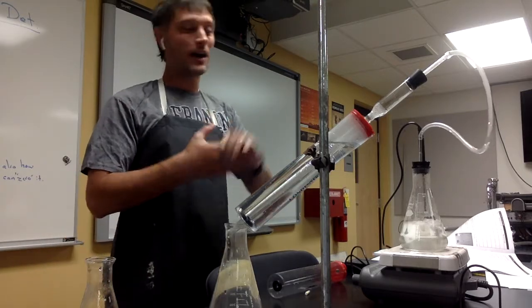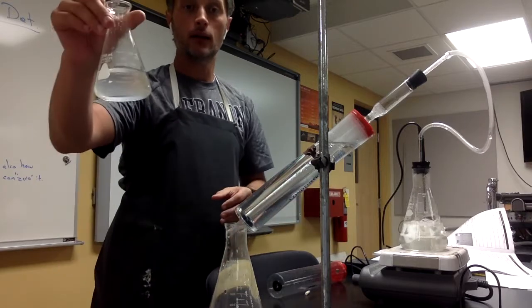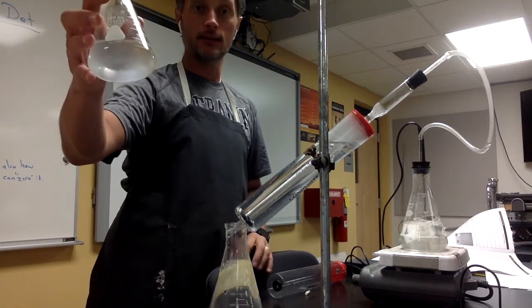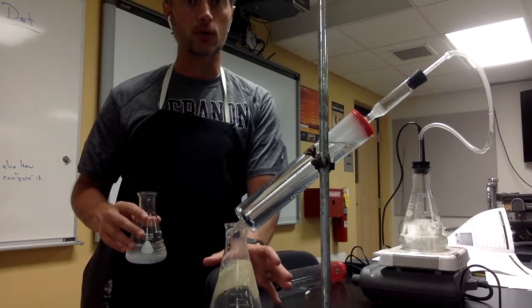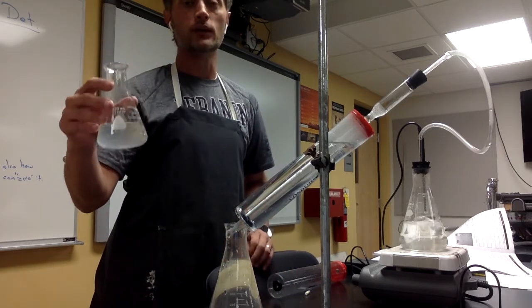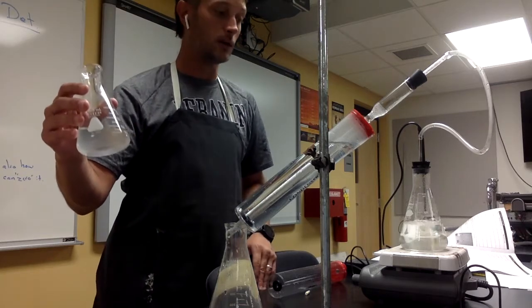Then, as soon as I saw it starting to boil, I switched out my receiving flask. So now I'm really confident that this is purely the first liquid, and this is going to be purely the second liquid. And if I smell it, it still smells really strongly of that first liquid that I suspected it was.